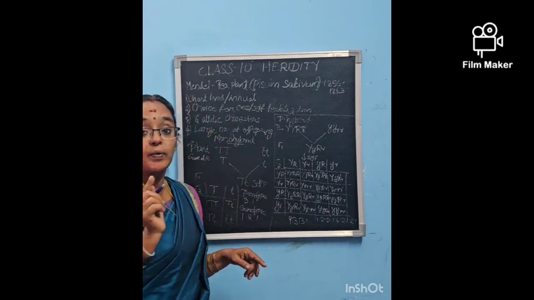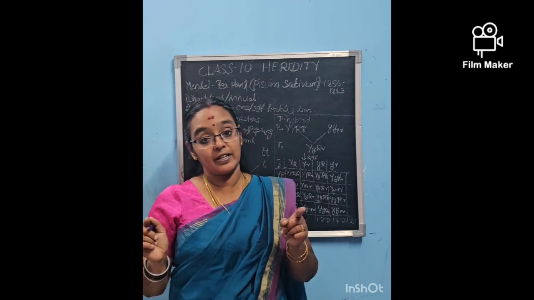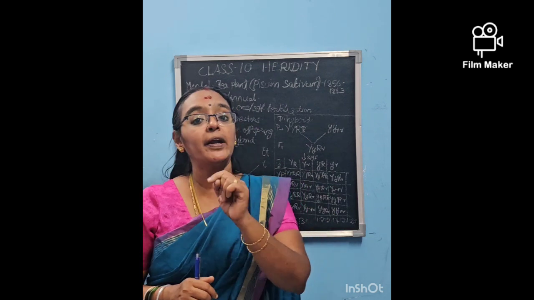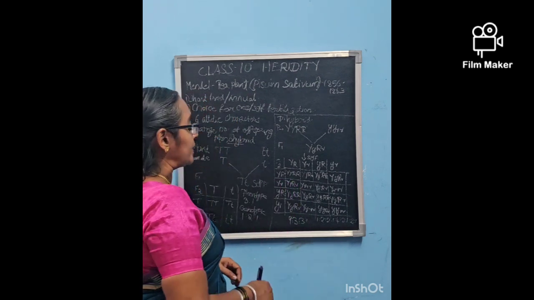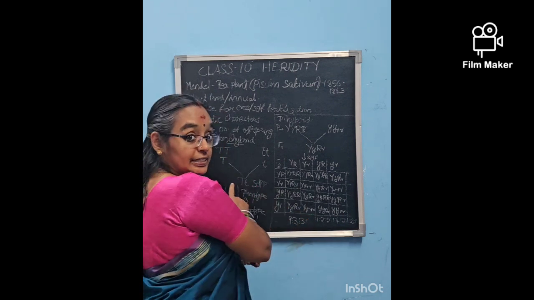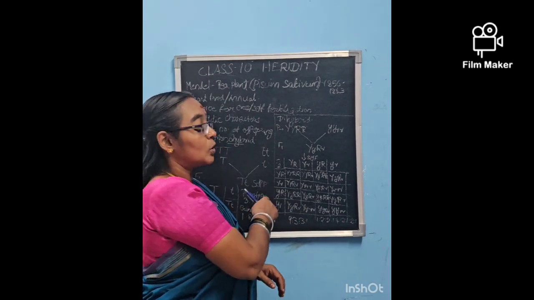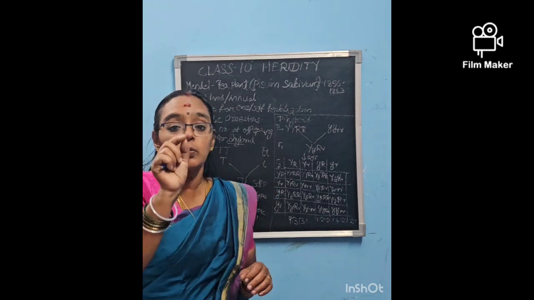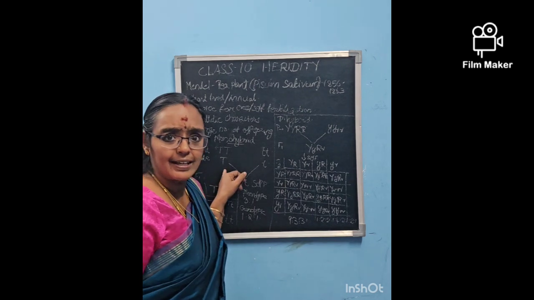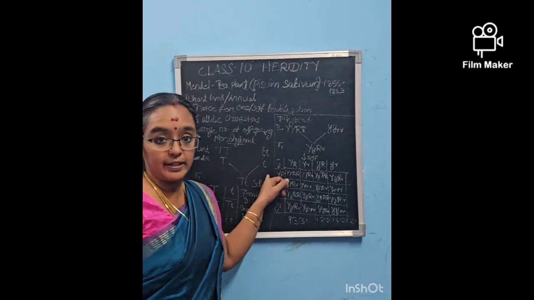We know gametes are produced by meiosis cell division, so they will have the haploid condition of chromosomes. So what will be the chromosome? The tall will have the gene capital T, and the dwarf will have the gene small t. That's why only one character is exhibited, that is capital T and small t. Then what did he do?